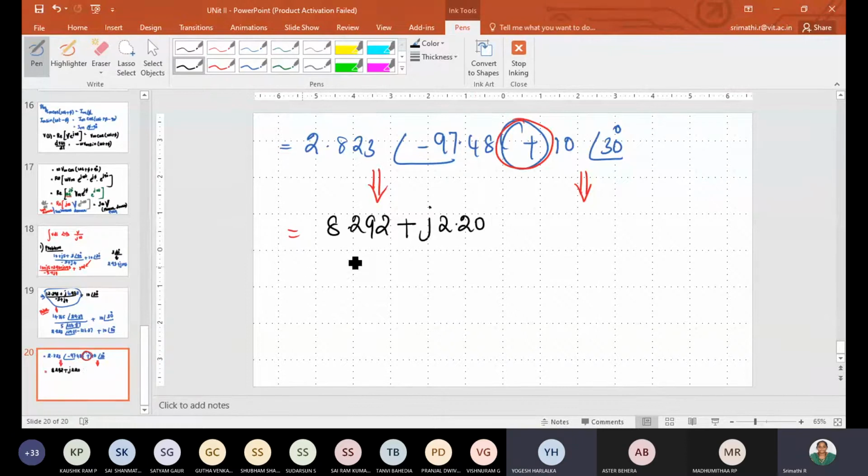Okay. So in polar form, it is around 8.59 angle 13.8. Okay. Right. So now I'll continue with the problems, and then I'll go ahead with the circuit elements.